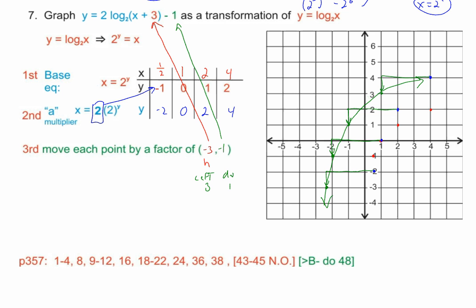I know I goofed it up a couple times, so let me one more time recap how you would graph a function like this. First thing you're going to do is the base function. There it is right there. You're going to switch it from log form to exponent form: the base 2 to the exponent y equals x.